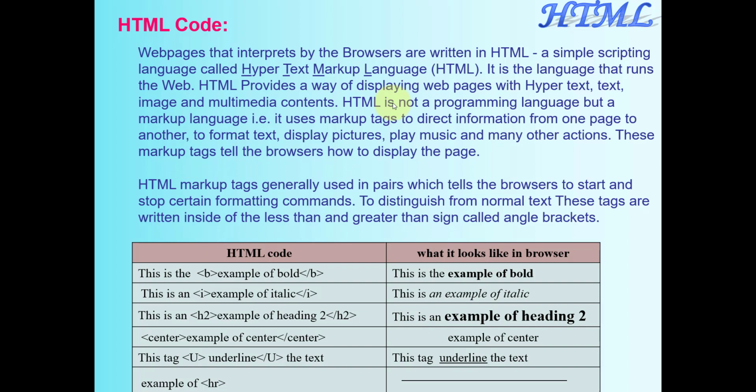This is not a programming language. This is a markup language and scripting language. Clear? And with the help of HTML, we can display formatted text, pictures, music and other things. Clear? So HTML code is browsed in the browser. Clear?